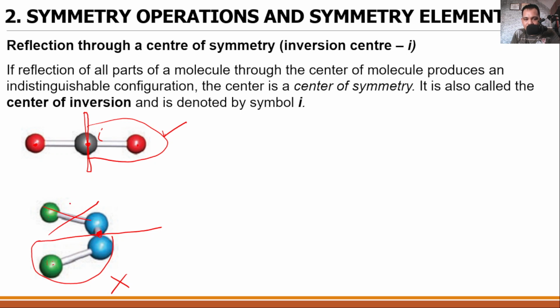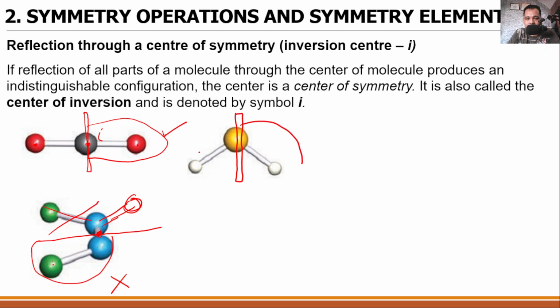However, upon inversion of this molecule, it does not produce another molecule just like this, right? It is not identical to its original configuration. So, this one does not contain a center of inversion. How about this molecule? Does it contain a center of inversion? Okay. We have a mirror.